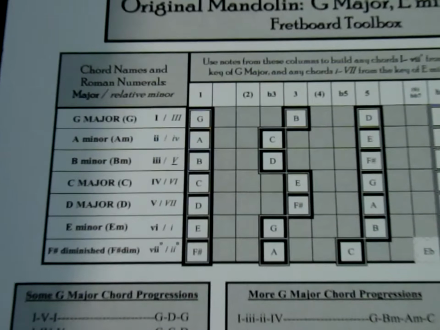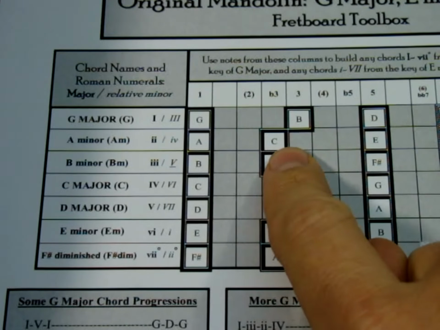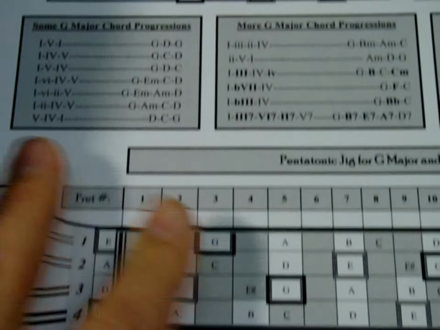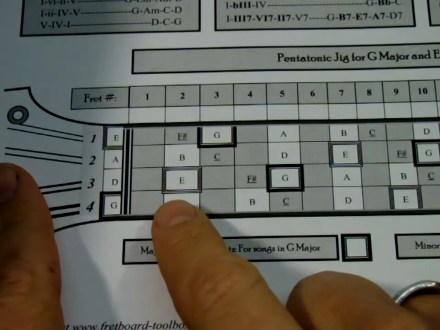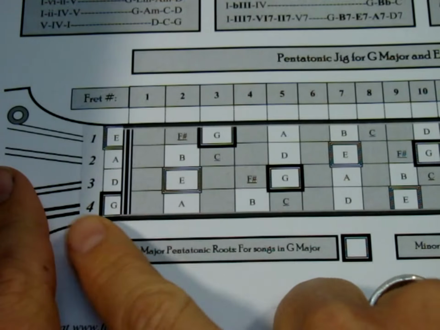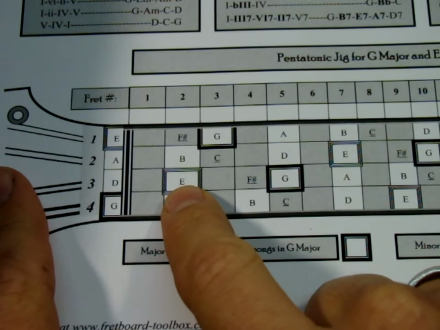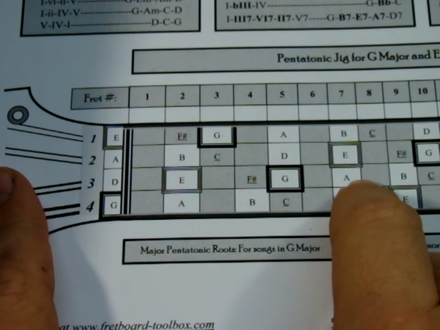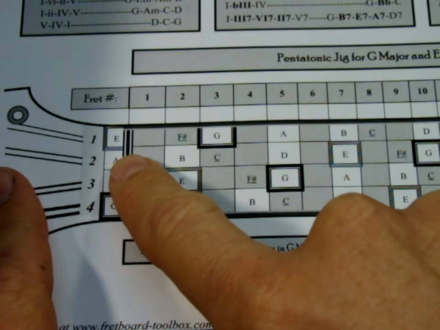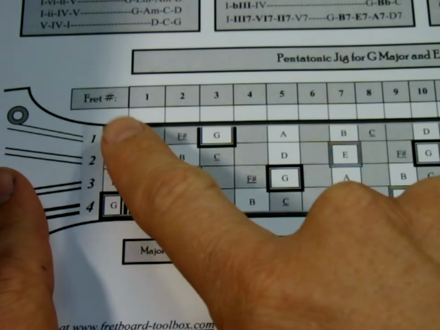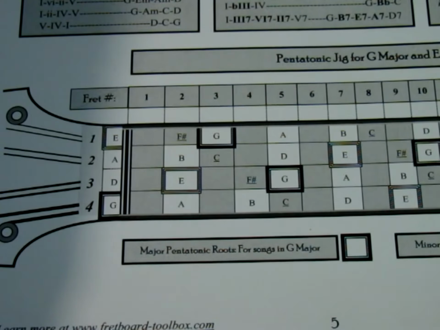But if we wanted to do an A minor arpeggio, we would use the notes A, C, and E. So then if we come down to the pentatonic jig and see where we can play A's, C's, and E's, we have an A here on the 4th string, 2nd fret, A, C, E, and then we can go up to A on the 7th fret of the 3rd string, and then we can continue those A's, C's, and E's all over the fretboard. So let's see if I can show you how that might work.